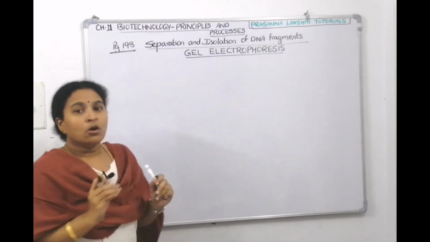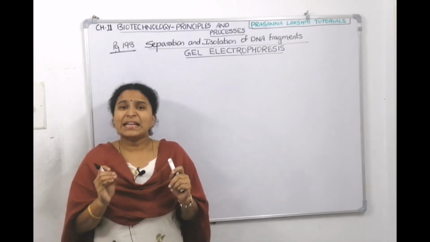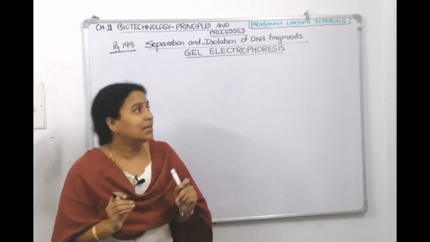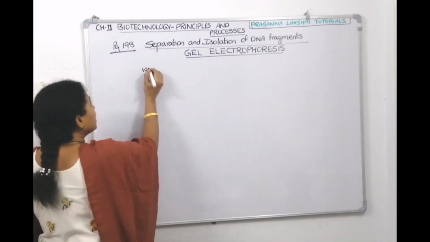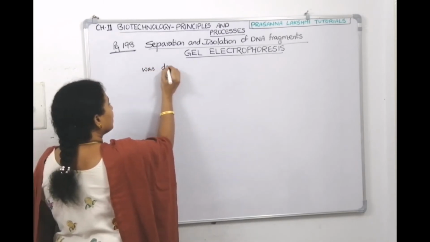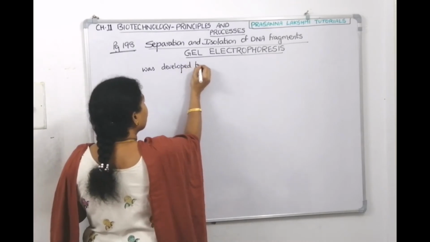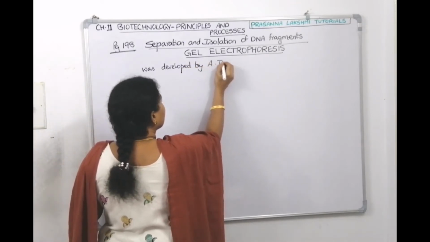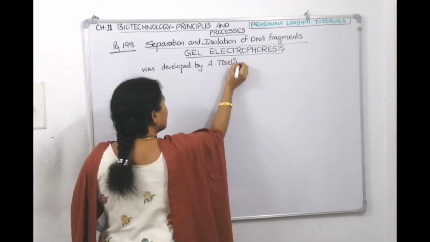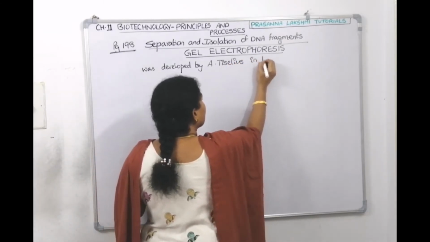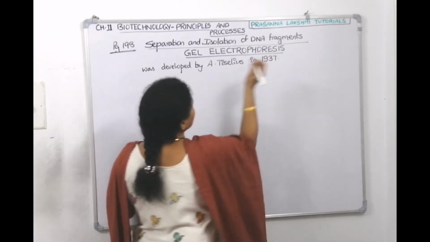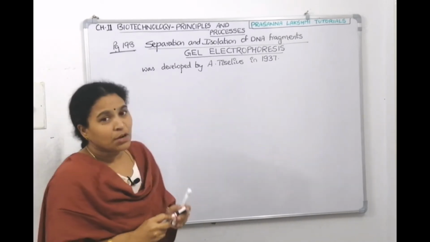And just now I told who developed this technique? Tiselius in the year 1937. So the technique was developed by Tiselius in the year 1937, right? Just now you have seen.